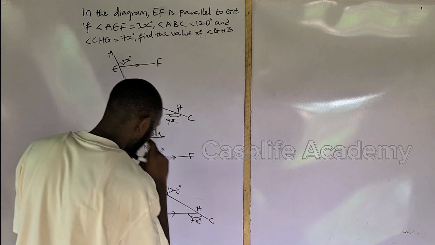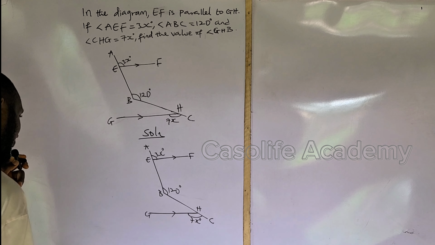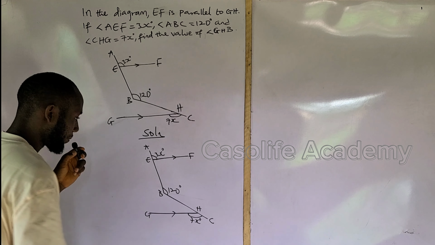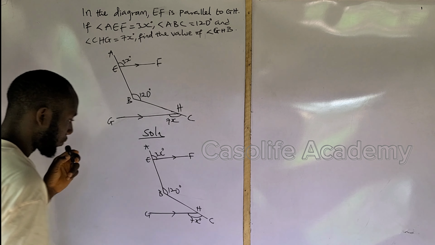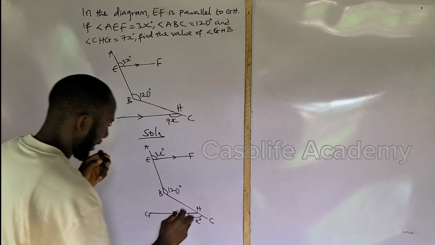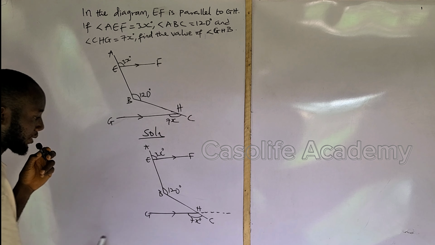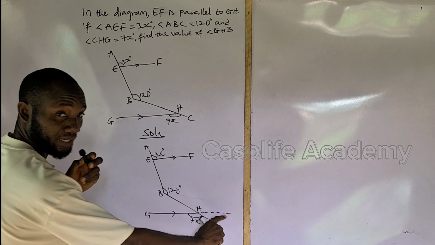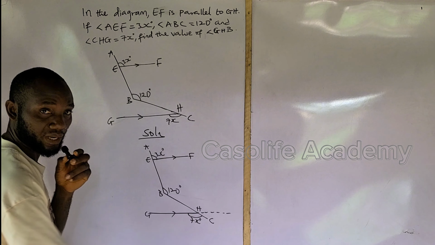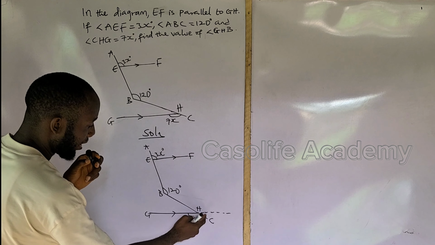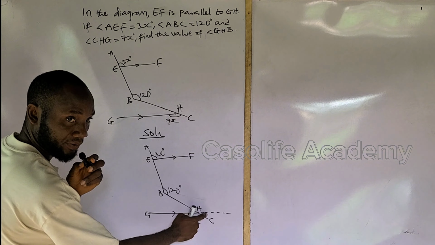When we look at this from the question, here and here are already parallel. So what I can do is extend this one so that it now gives me a straight line such that the sum of the angles here is 180. So here will be 180 minus 7x.